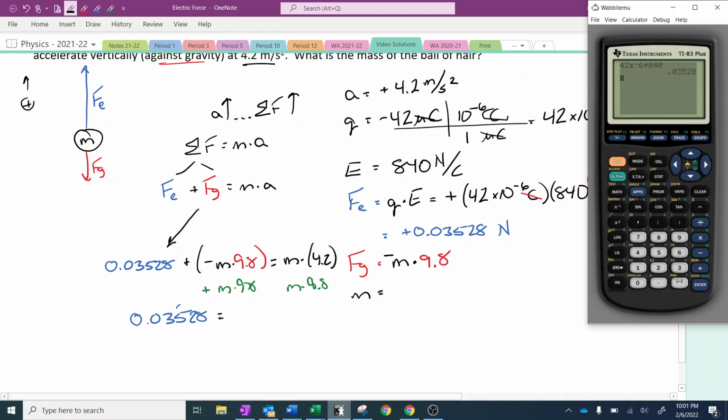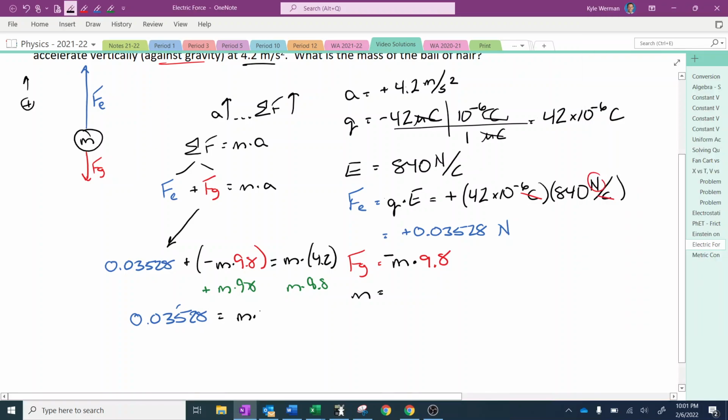A little mental math here, but I'll double check my work. 9.8 plus 4.2, hopefully we can come up with that nice round number of 14. Really I have m times 14. And if I want to solve for m, my next step is to just divide both sides by 14.